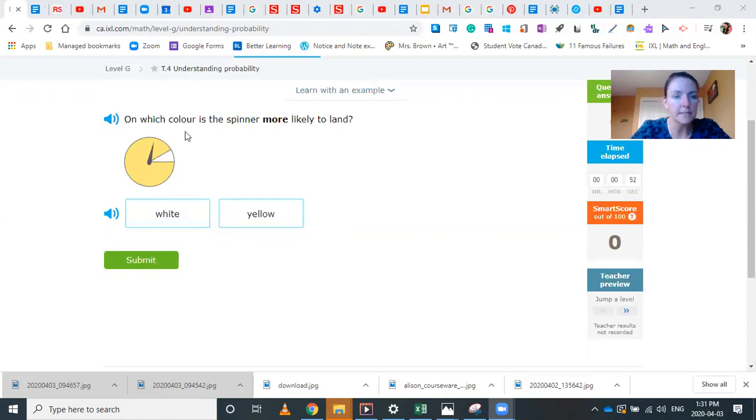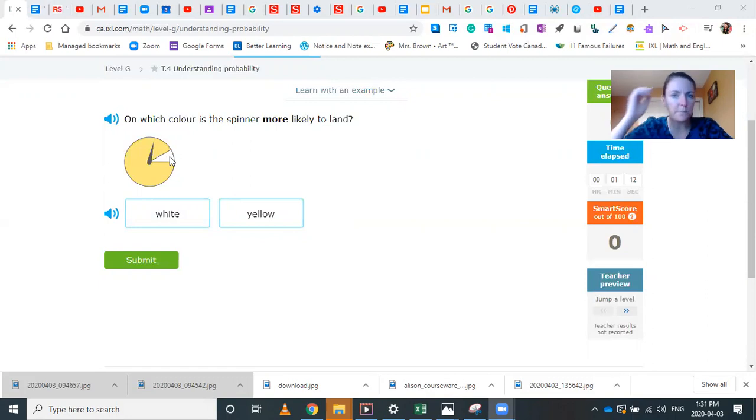So looking at the spinner, you guys have most likely played a game using a spinner before. So on which color is the spinner more likely to land? Well, let's look at the spinner. What is the biggest color? Well, if we look at it, there's a huge amount of the yellow part and a very tiny bit of the white.